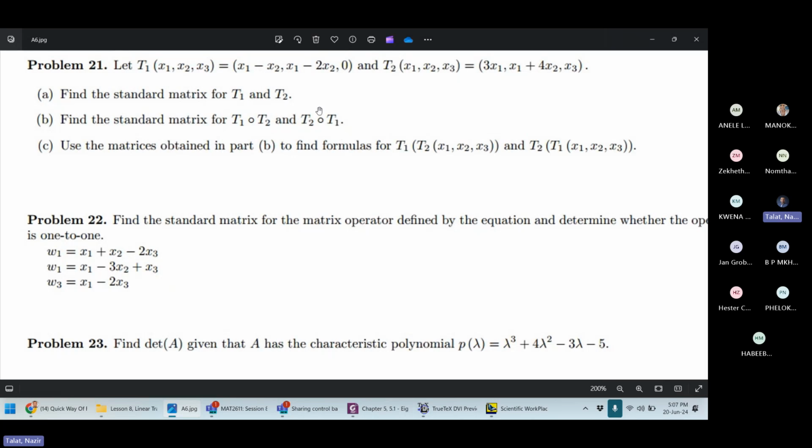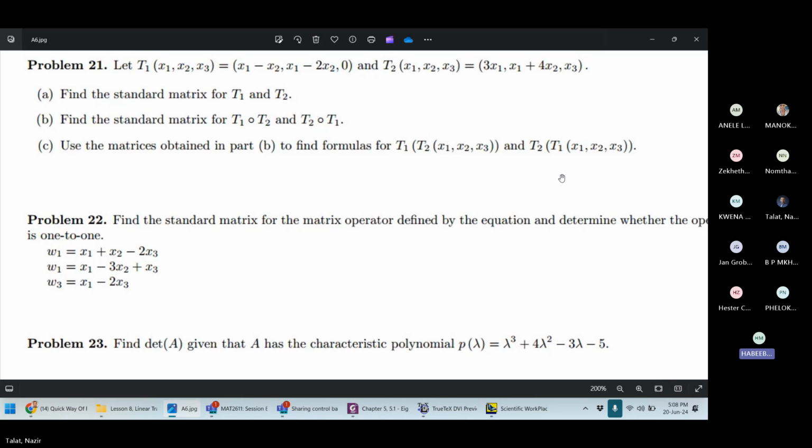If you multiply these two matrices, you will get T2 or T1. When you have that matrix, just multiply this matrix with x1, x2, x3, then it gives you the first formula for T1 or T2. Similarly, for T2 or T1, when you multiply x1, x2, x3 with this matrix, you will get its form.